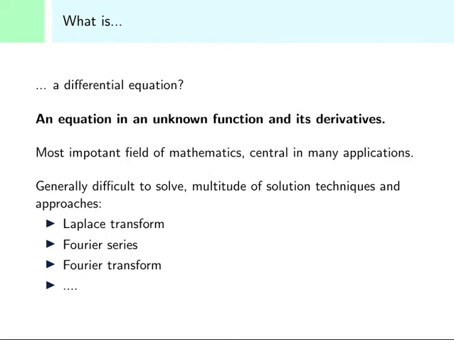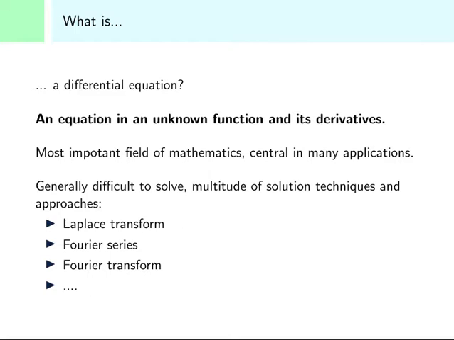And differential equations show up in all sorts of applications. For example, in physics, in engineering, in biology, in finance, in stochastics. Generally speaking, differential equations are quite difficult to solve. And corresponding to that, there's a multitude of solution techniques and different approaches, a few of which we will touch upon in upcoming lectures.